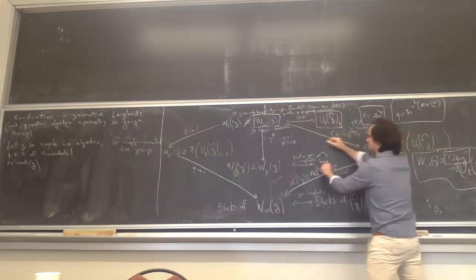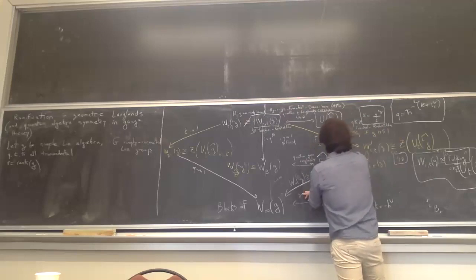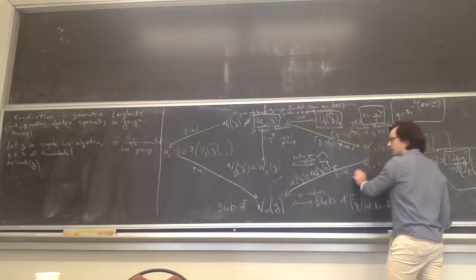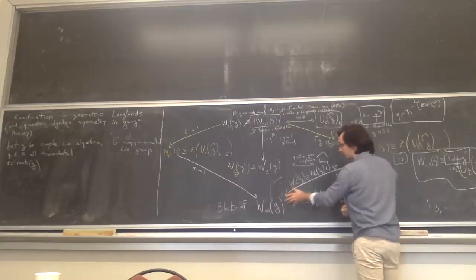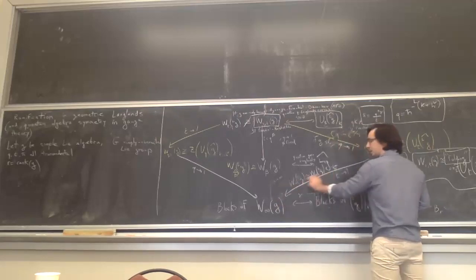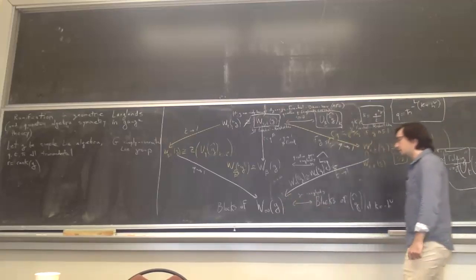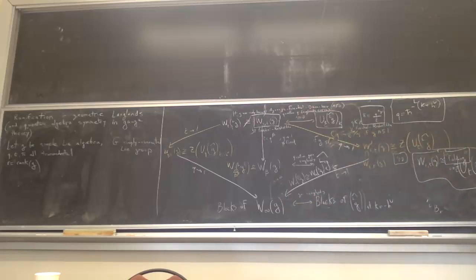But if G is simply laced, then the two limits are understood. If G is simply laced, you start by taking Q goes to 1, and then you take T goes to 1, and you end up with this, which naturally, because G is simply laced, is the same as this one. If G is non-simply laced, it makes sense that you should land back on this, but I don't think the limit has been studied carefully.